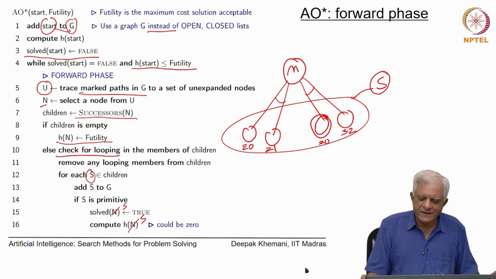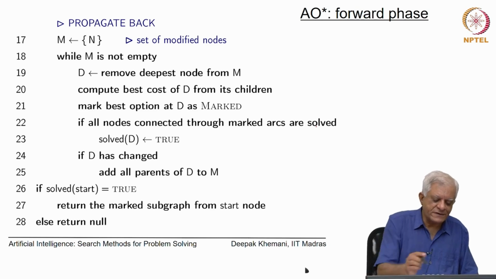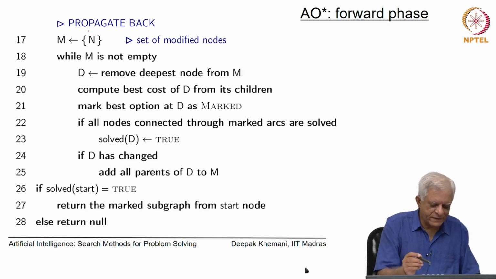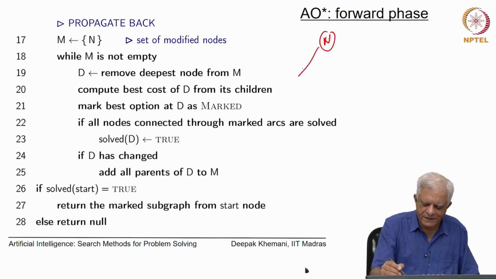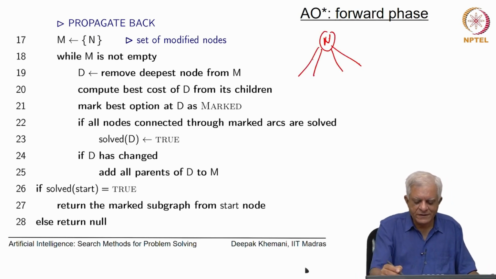Now comes the backward phase or the propagation phase, and that works as follows. This node n that we just expanded. So, let me draw this again. N is the node we expanded, and it had 2 children or 2 hyperarcs below it, and these are kind of AND edges.